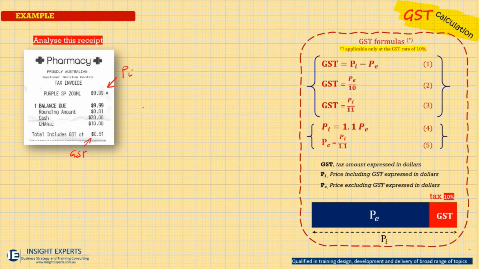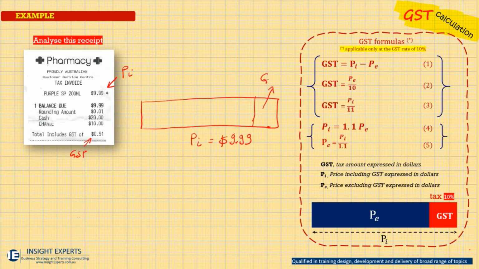So I'm going to draw the graph first, and I know that the price including GST is $9.99, which is what the customer paid at point of sale. And the GST amount is equal to 1/11 of that amount.